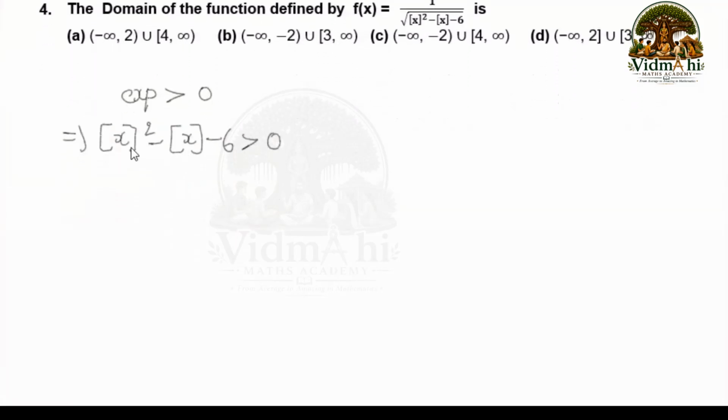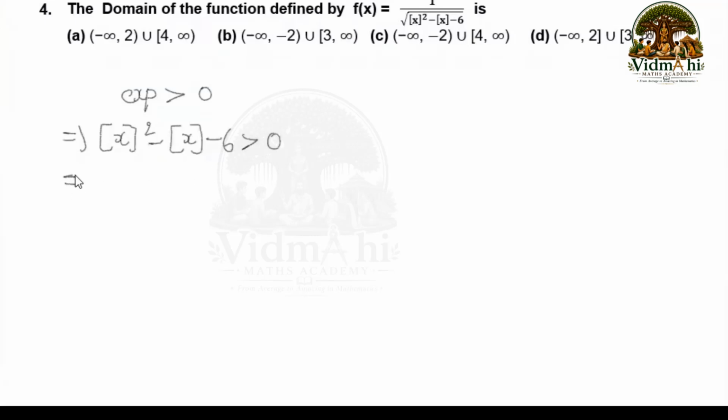Now, observe here the left hand side of the inequality. Greatest integer of x square minus greatest integer of x minus 6. This is of the quadratic equation form. So, first factorize the terms so that we split the middle term. How to split the middle term? 3, 2: minus 3 and plus 2.